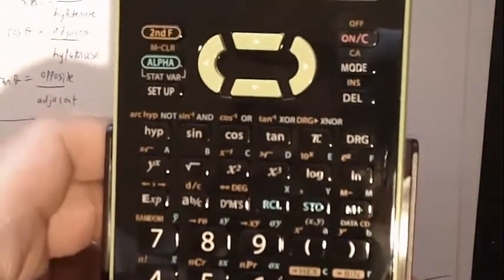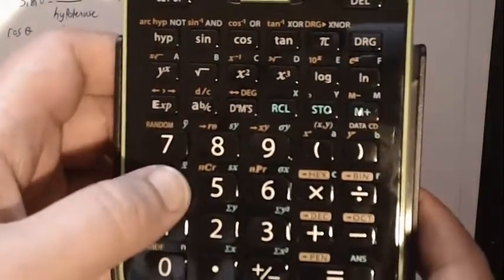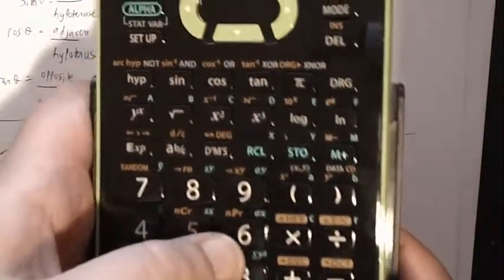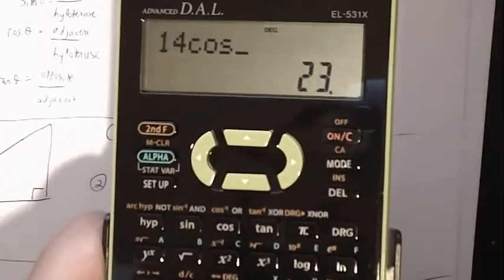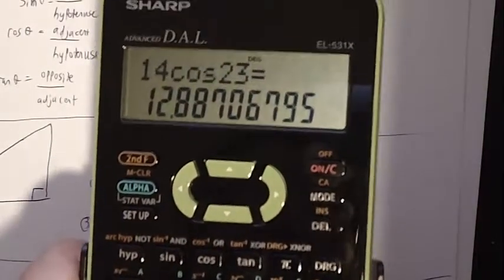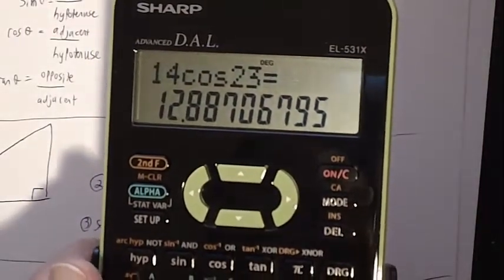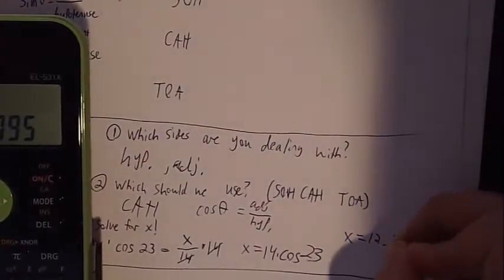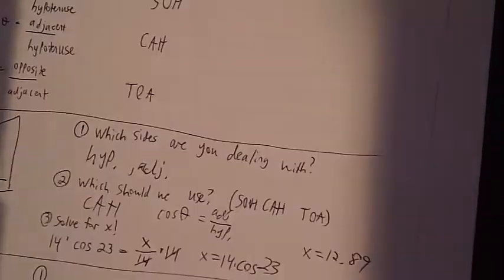Sometimes you have to enter it differently on different calculators, but on this one, if I type in 14 cosine of 23, you can see that it appears as we want it to. And the answer to that one is about 12.89. x equals 12.89. So that's how you solve that one.